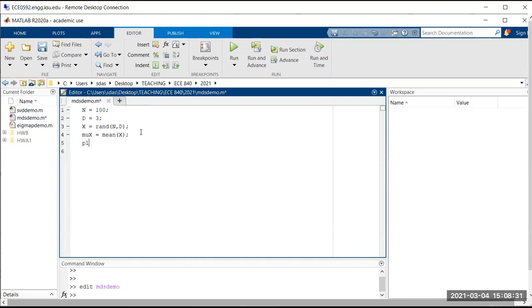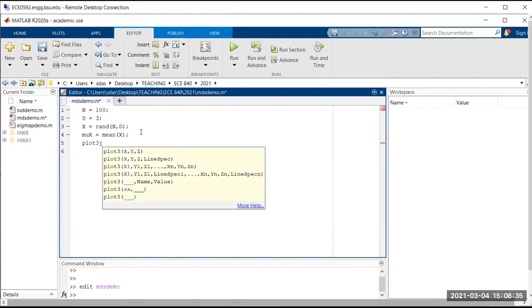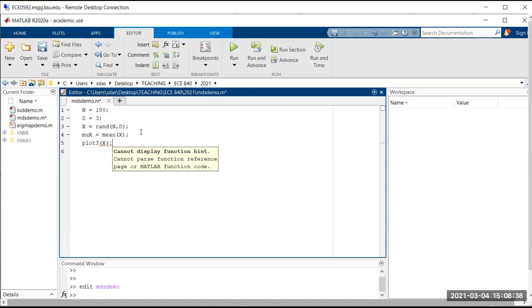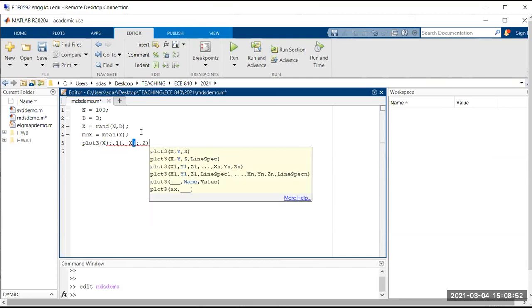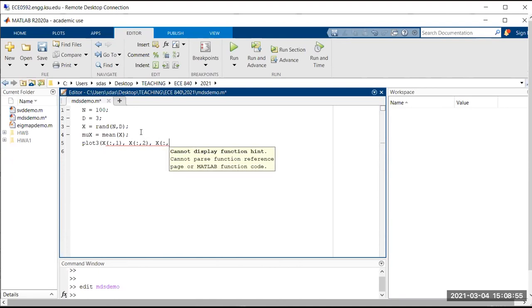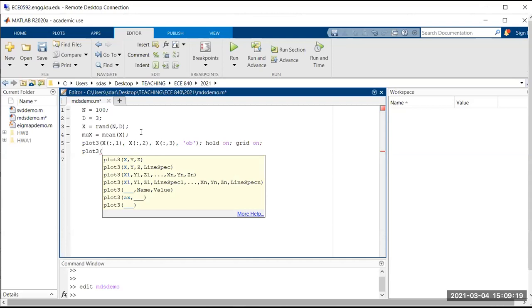Okay, then let's plot, it's three-dimensional, so plot3 x all comma 1, x all comma 2, x all comma 3, and let's plot little circles in blue, and hold on, grid on, and then plot3. I'll then demo what the centering does.